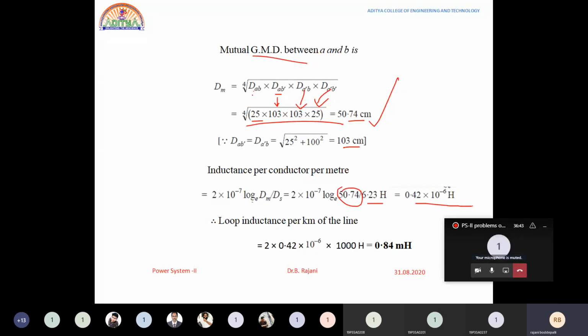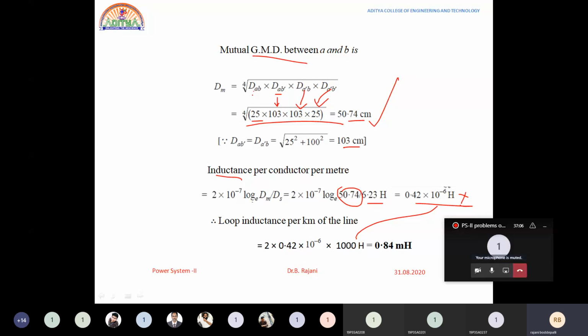This is the value in terms of henries. What is the unit for inductance per conductor per meter? Henry per meter, we can say Henry. The unit for inductance is Henry. Okay. Now if we change to kilometer, what happens? We have to multiply by 1000. This we have done here.